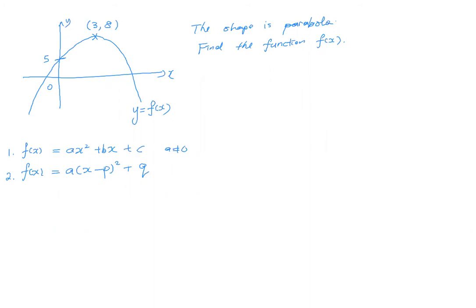Why? Because the information given in the graph can be easily placed in. What do you mean by can be easily placed in? Substitute. What are the information that the graph gives us? The y-intercept, maximum point, and the shape of the graph.